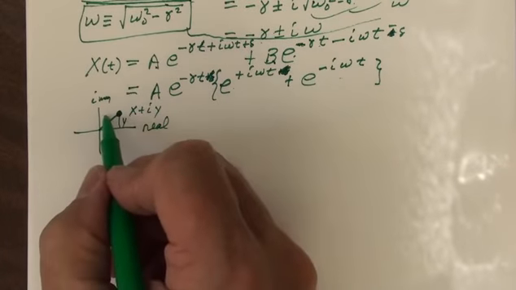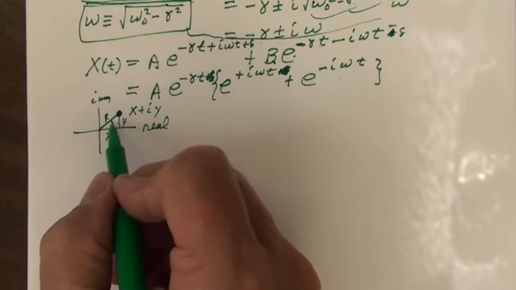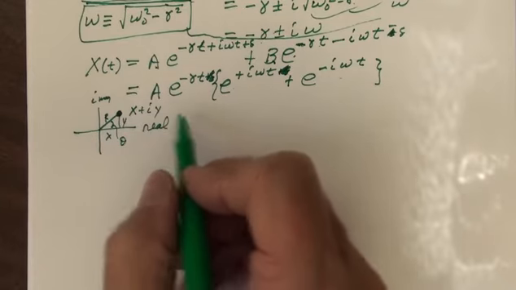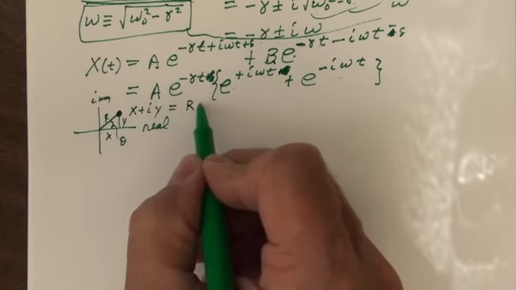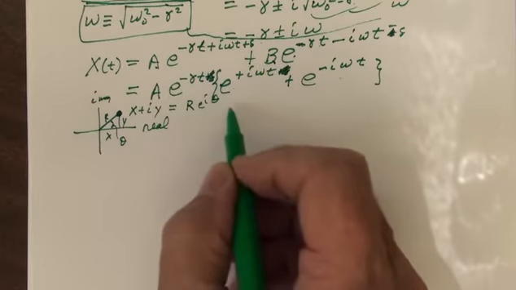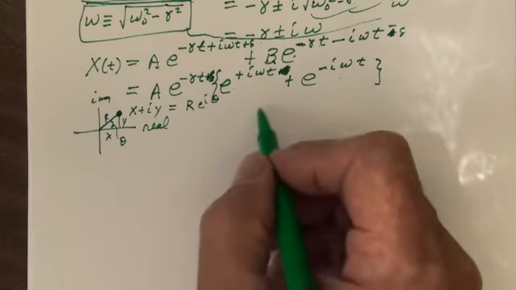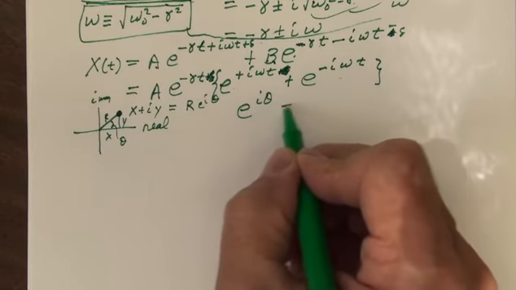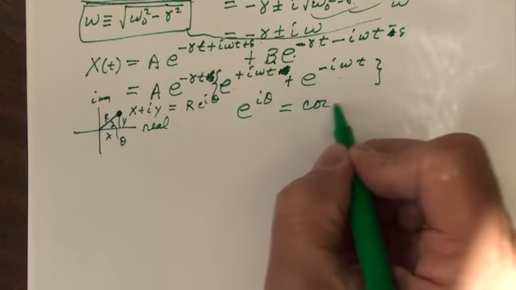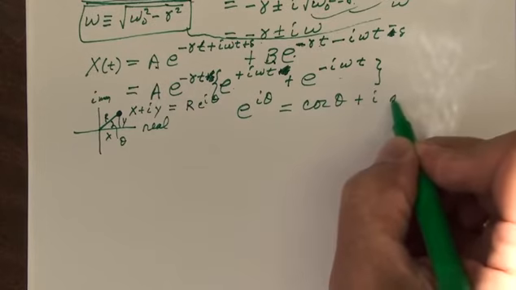And so this number can also be looked at as r and theta, or this is angle theta. And x plus iy, a complex number, can always be written as r e to the i theta. And the important theorem here is that e to the i theta can always be written as the cosine of theta plus i times the sine of theta.